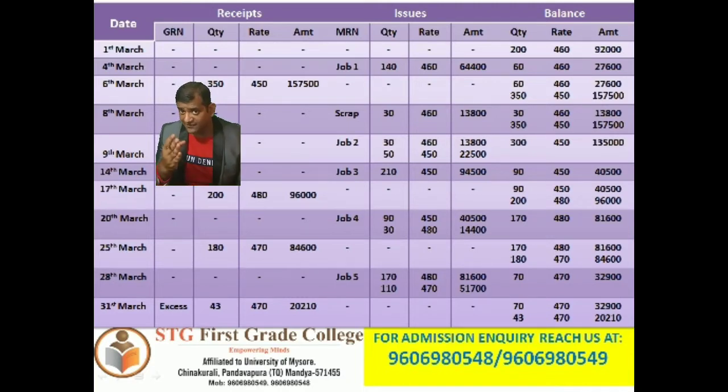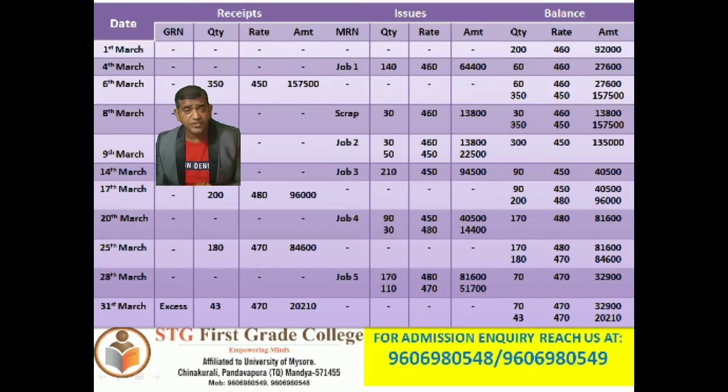So 140 into 460 rupees, 64,400 rupees. The quantity balance left with us will be 60 units, because out of 200 I have issued 140, so left out is 60 units. So 60 into 460 rupees, 27,600 rupees. Now on 6th March there is a receipt.